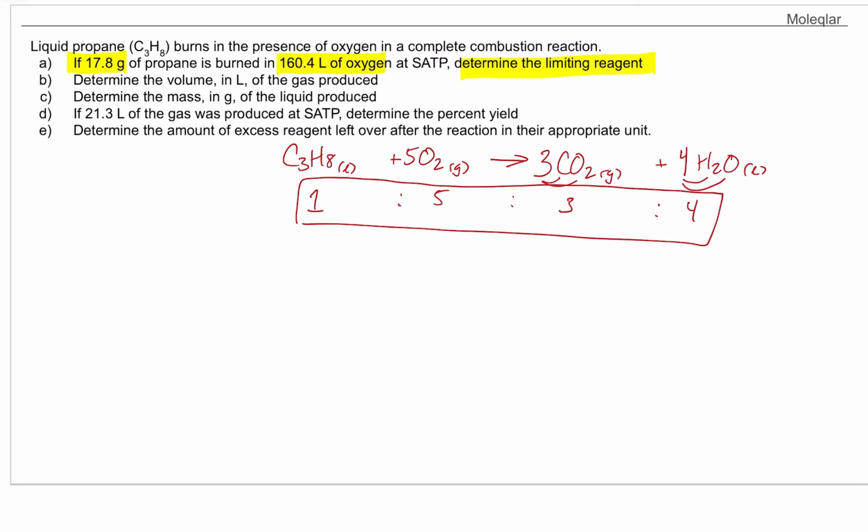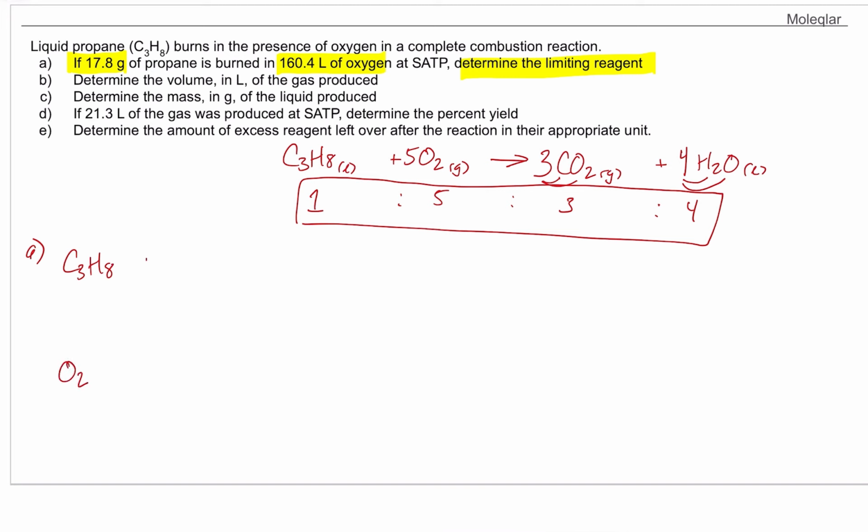Okay, so let's do part A, where we need to find the limiting reagent. We're actually going to do part A and part B at the same time, because remember, we have to choose a product to compare. So why not just choose B, and we'll be able to do two things at once. So we need to list out our reactants. We have C3H8 and we have oxygen, O2.